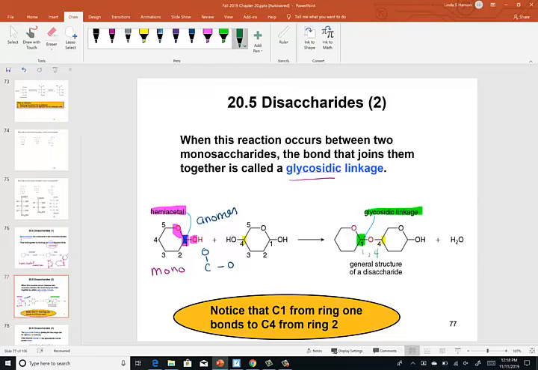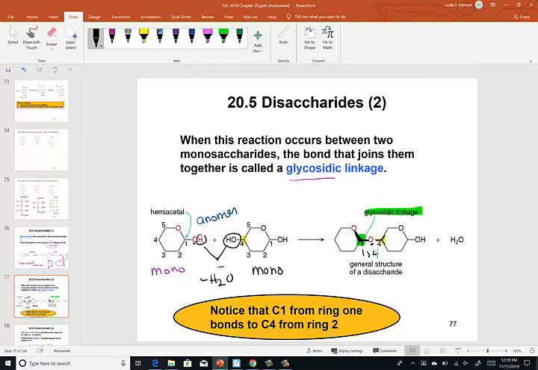A glycosidic linkage is between 2 monosaccharides. Notice how we connect one monosaccharide with another. It is a dehydration process, where an H and an OH are removed to create the linkage from the alcohol. Specifically, we have a carbon attached to an oxygen that is attached to another cyclic ring.